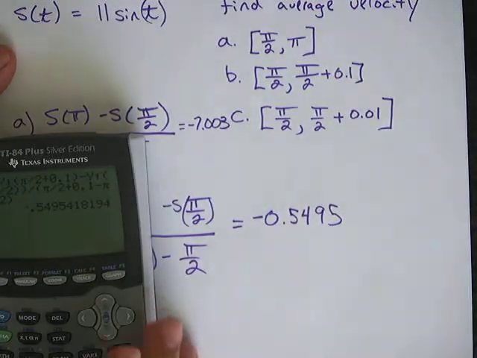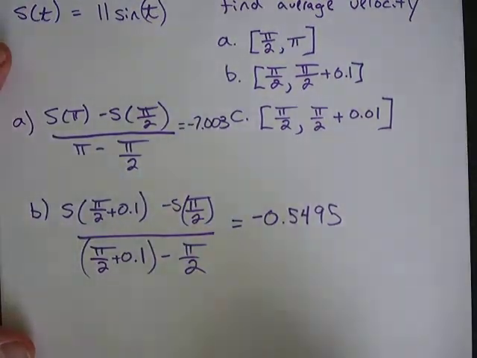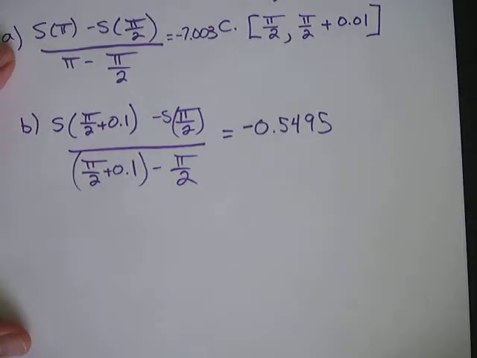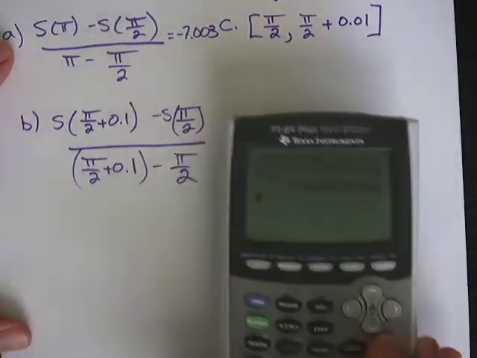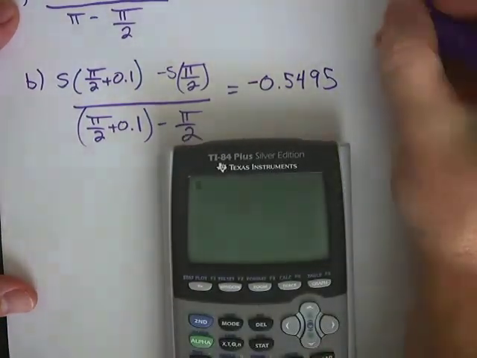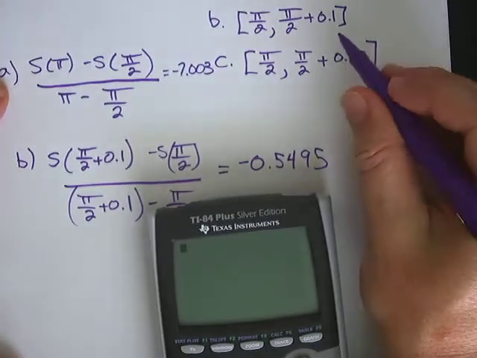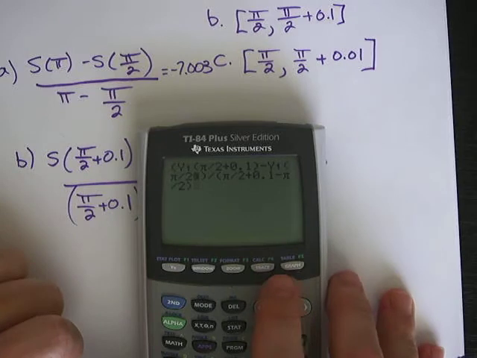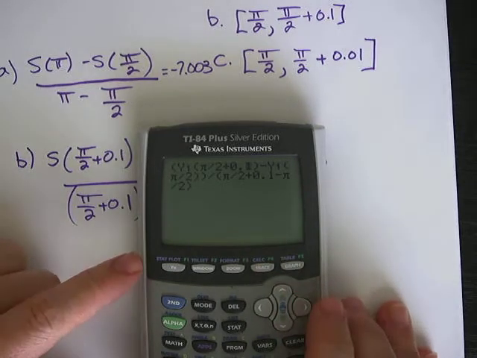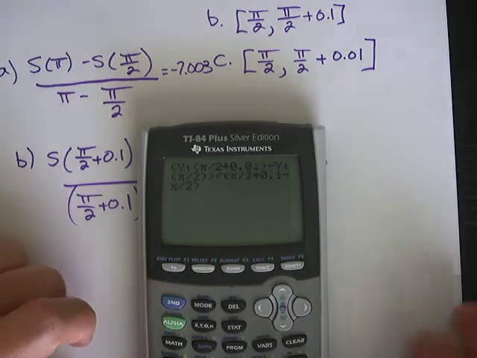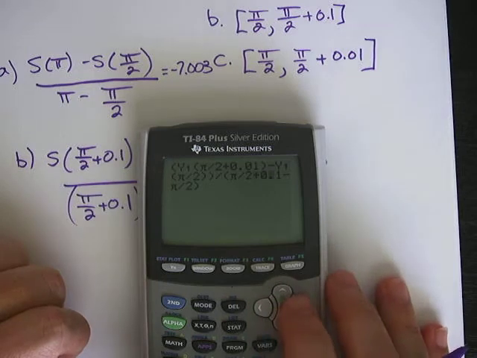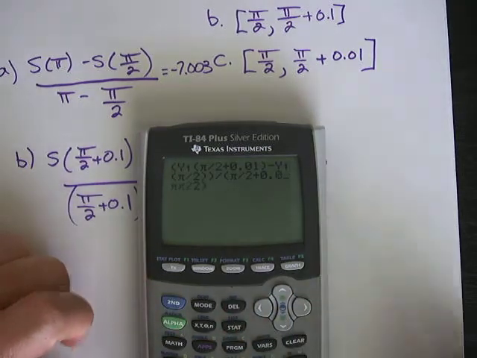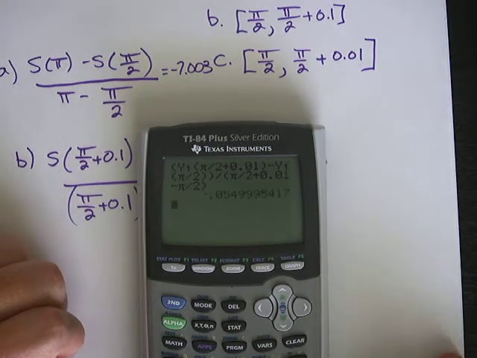I don't know how many digits this problem's going to want us to carry to, so let's do one more. Now, a little shortcut on this. For the next one, we know we're going to use this number instead of this number. So we can hit second enter and bring up the last thing that we typed in, and then just insert an extra 0 there. And we could also do it here, insert an extra 0, and then hit enter.